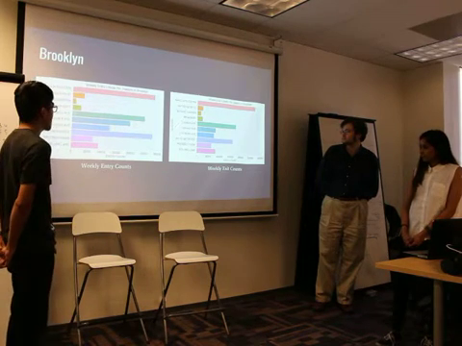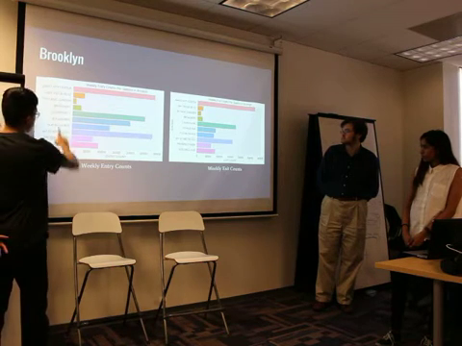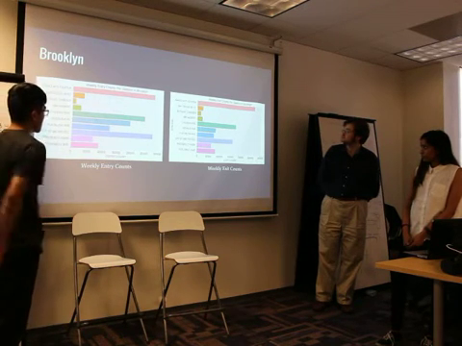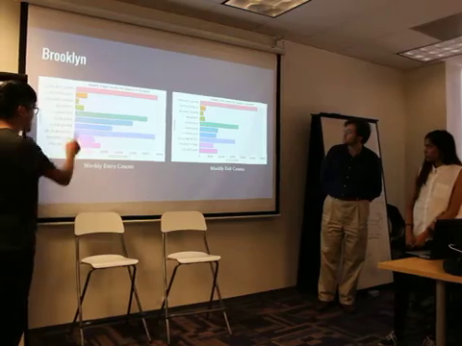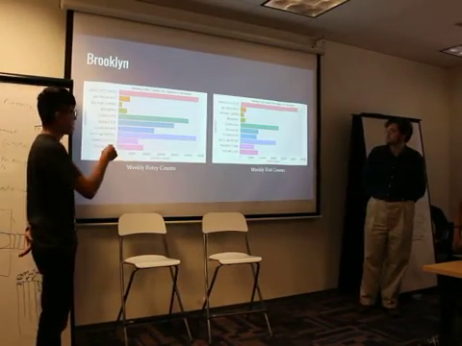One thing I wanted to point out that we found here was that the top bar is Barclays Center, so it's the same as over there. We started to see that there are some stations that have a high number of people who either enter or exit during the day.